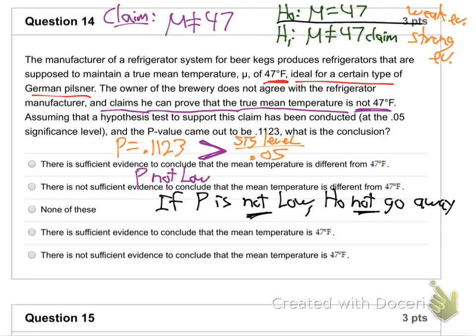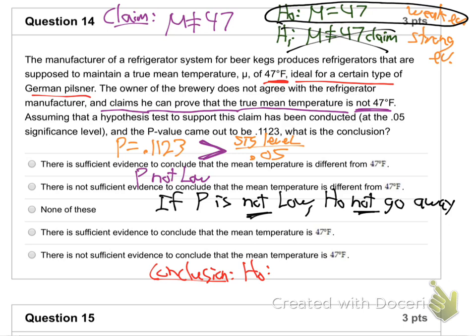So I'm going to circle H0. H0 is not going away. The other one's going away. But H0 is not going away. We're keeping H0. So what's our conclusion? Our conclusion is H0. Put it down here. Our conclusion is H0. And H0 says mu equals 47.